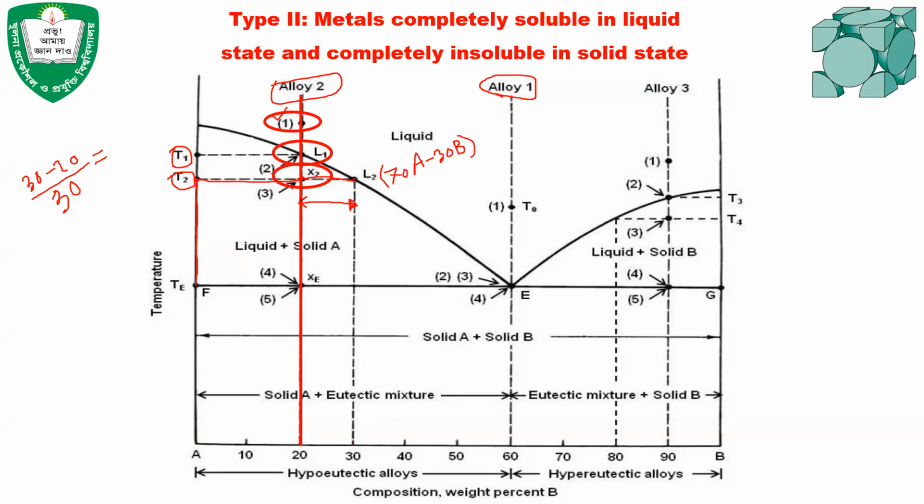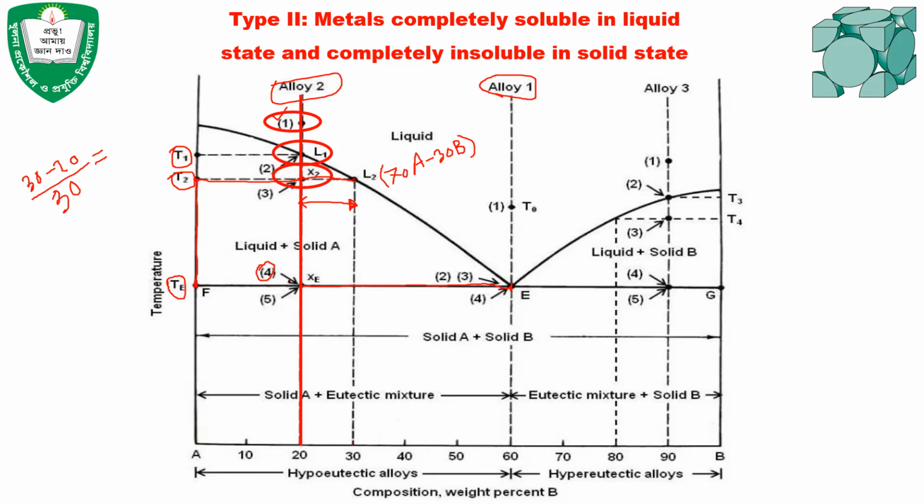Okay, so when the temperature reaches point 4, that means when the temperature reaches the eutectic temperature, TE, first we need to determine the composition of liquid and composition of solid. At this point, if we draw a tie line, that tie line is this horizontal line, and it intersects at this point and at this point.